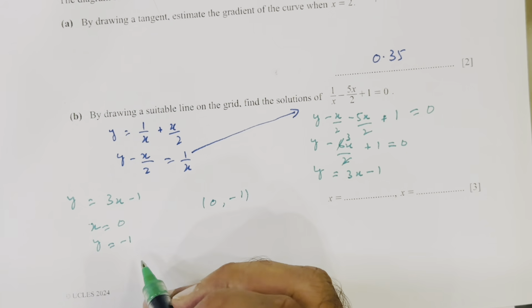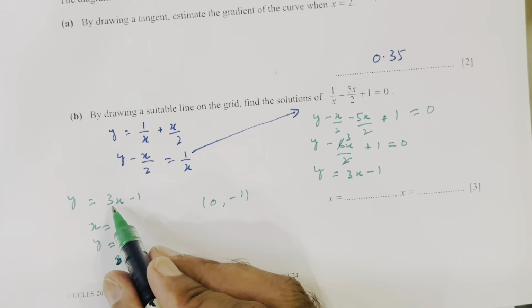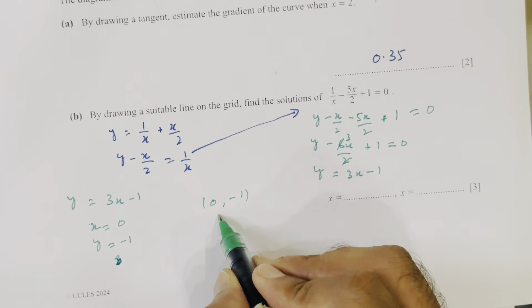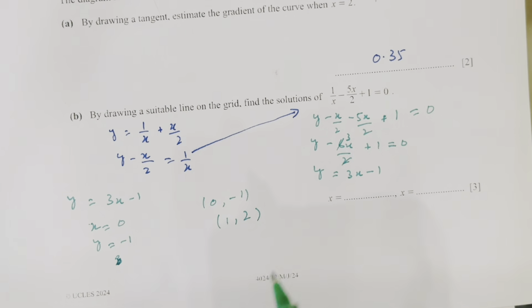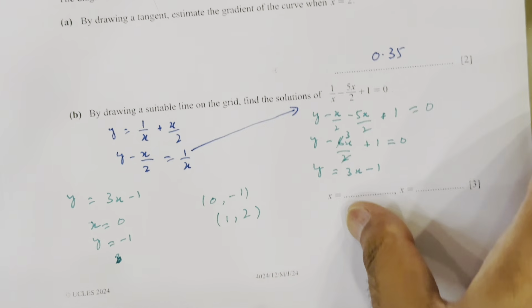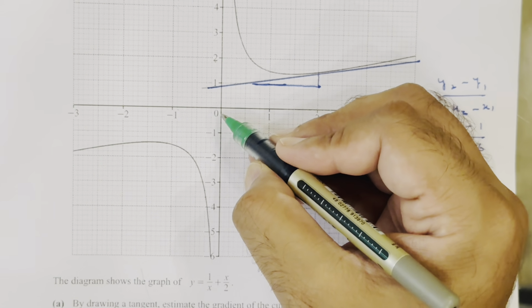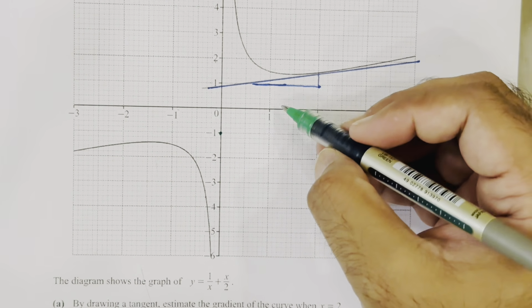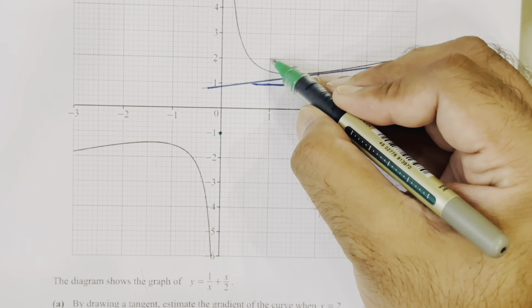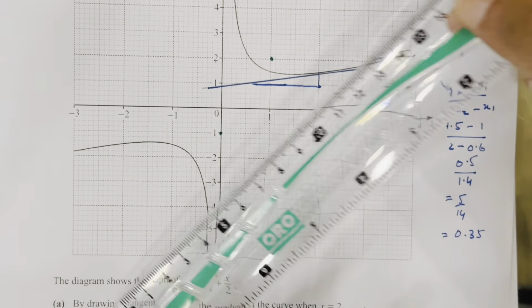And if we put the value of x as 1, 3 into 1 would be 3, 3 minus 1 would be 2. So the point would be 1, 2. We're going to plot this line: 0, minus 1 would be here, and 1, 2 here. So this would be our line.